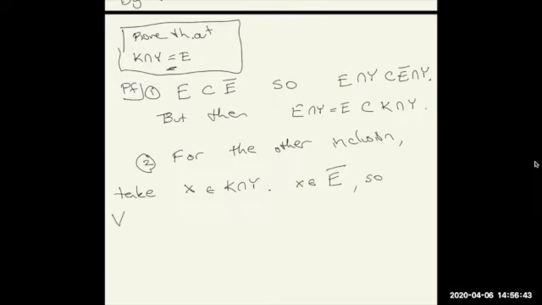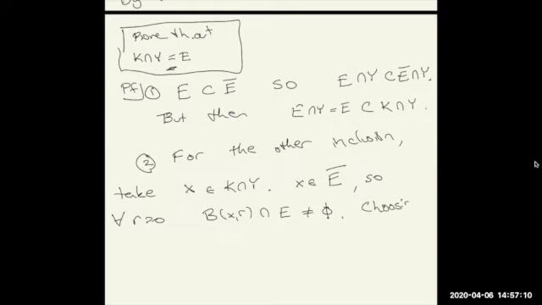So for every radius positive, B(x, r) intersected with E is not empty. Again, we could quote a theorem here, but let's recall this step. Let's open up this step.